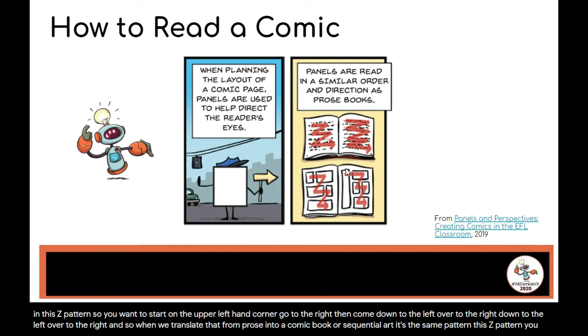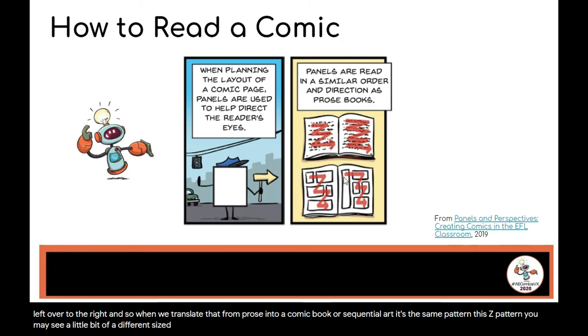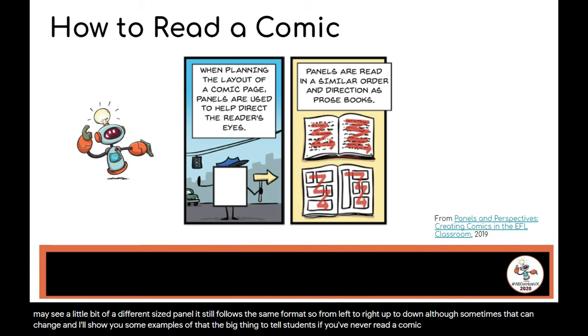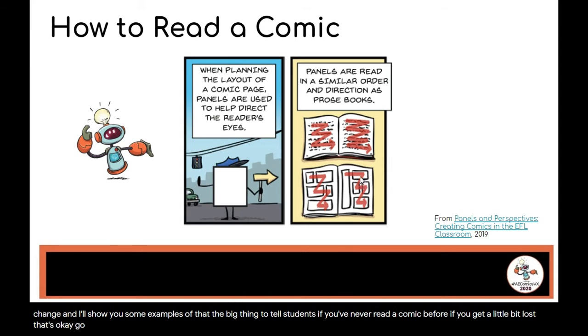Sometimes you may see a little bit of a different sized panel. It still follows the same format. So from left to right, up to down. Although sometimes that can change, and I'll show you some examples of that. The big thing to tell students, if you've never read a comic before, if you get a little bit lost, that's okay. Go back to where you were before and make sure you're following the right order.